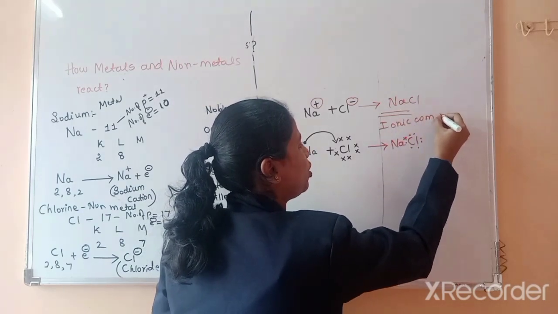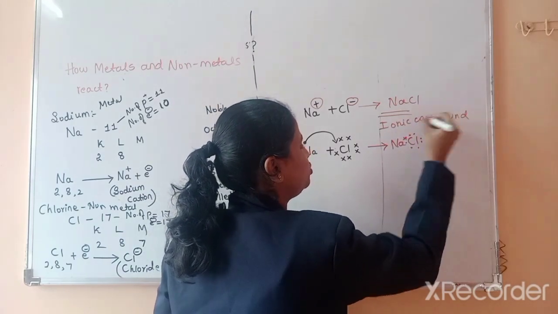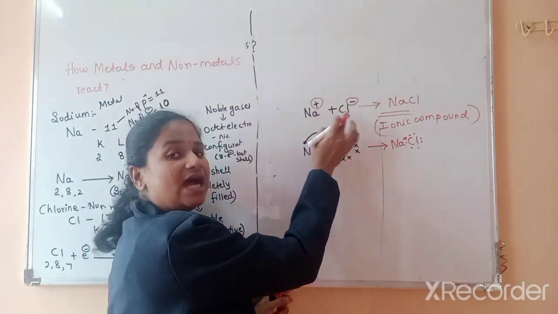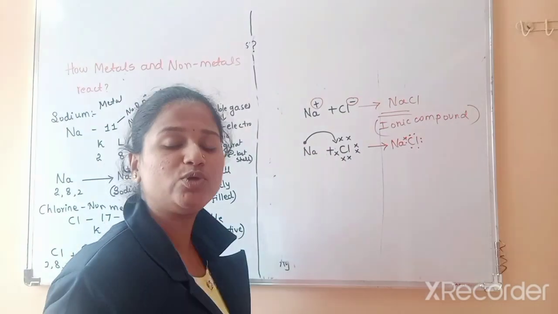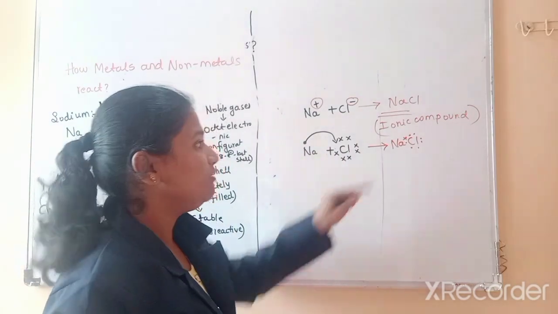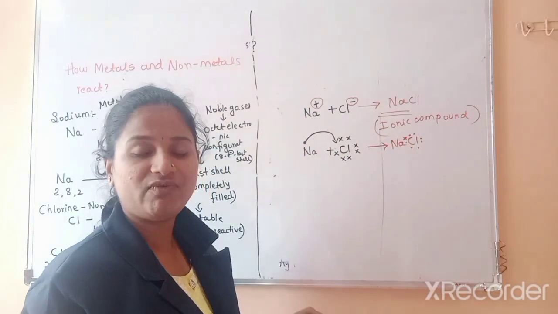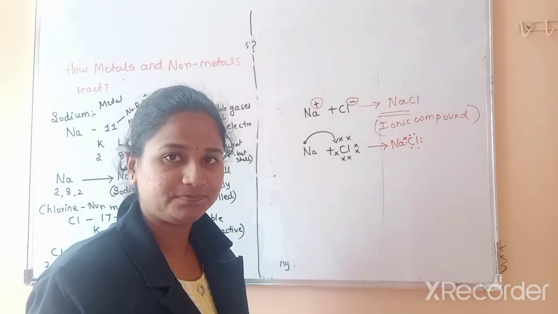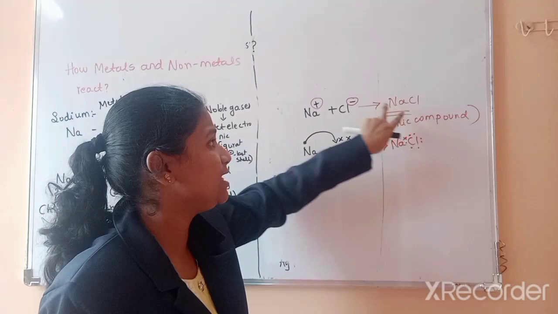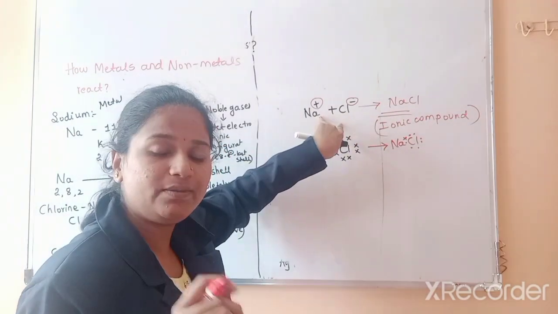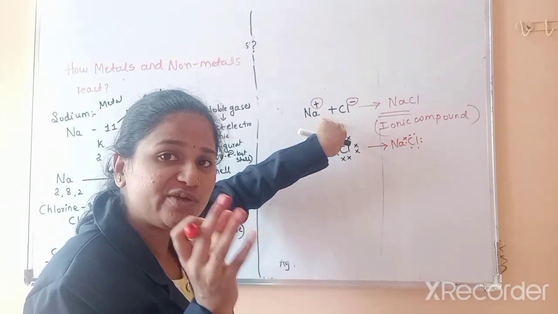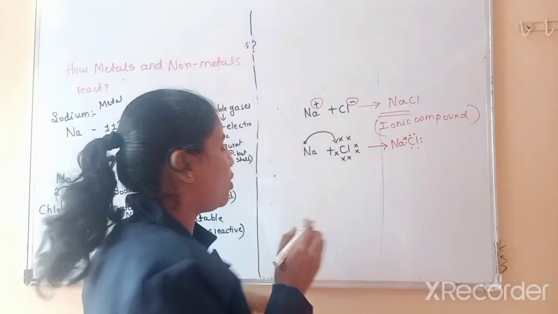It is not a molecule, it is an aggregation of oppositely charged particles, which is called an ionic compound. Why do we call it ionic? Charged particles are called ions, and these oppositely charged particles are held by an electrostatic force which is called an ionic bond.